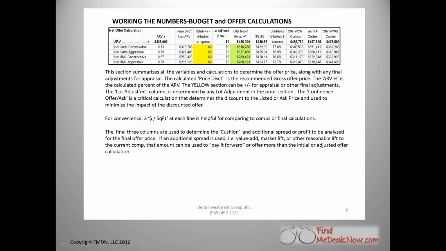In this case, with a 5% cushion, the ARV is going to go from $435, that's $180 per square foot, to $456, so it's about $20,000. And you could take that $20,000 lift and add that to your initial offer price because the property is going up in value or because you're putting in better finishes.